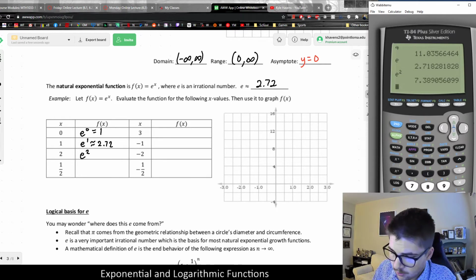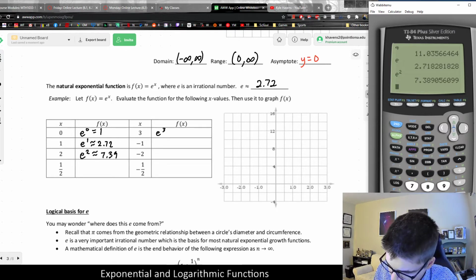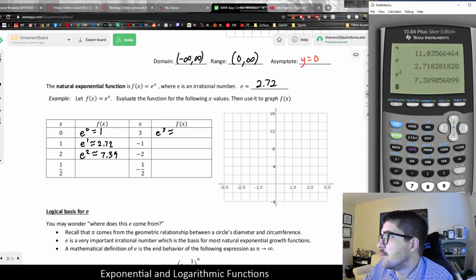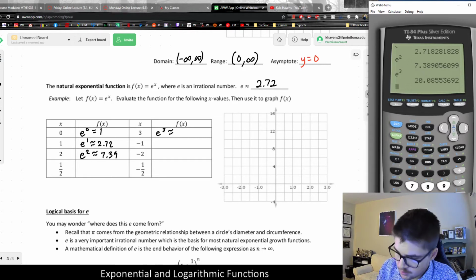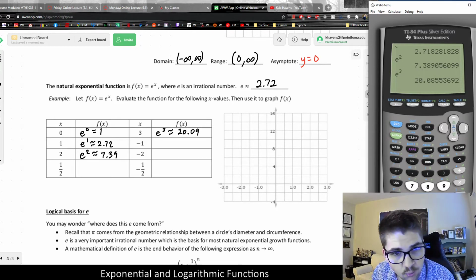But e to the second power is going to be approximately 7.39. And I could continue. What about e cubed? That is going to be approximately 20. If I were to graph some of these points, I could get an idea of what this looks like.